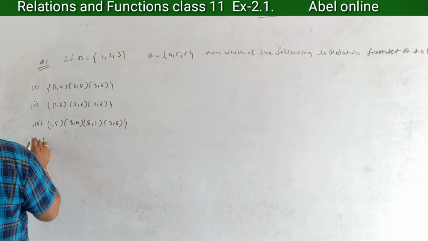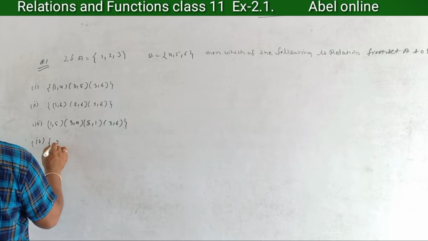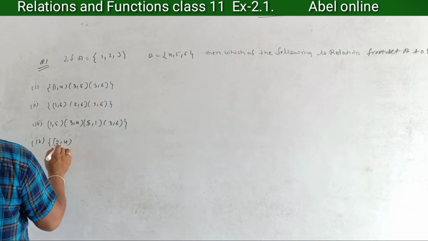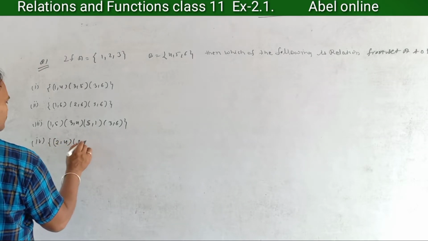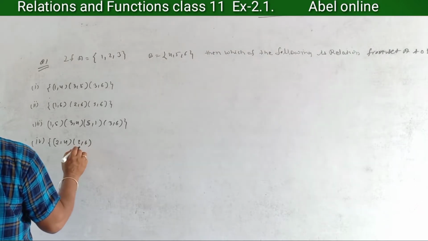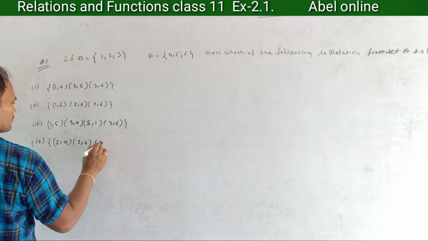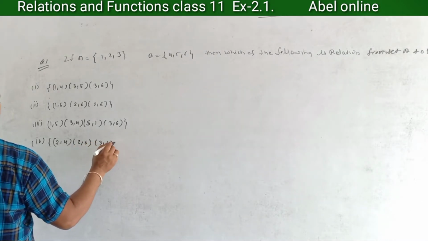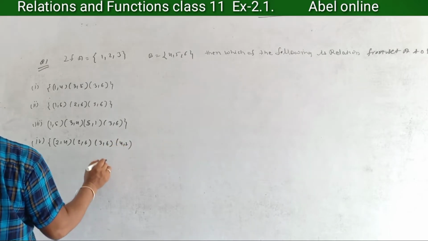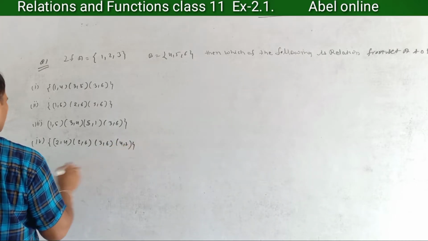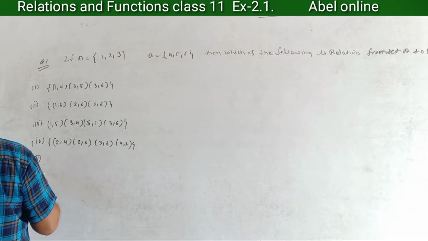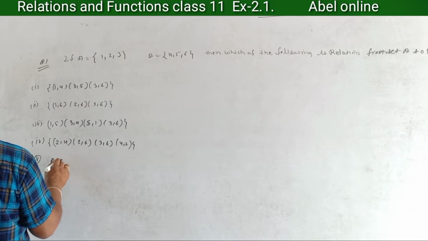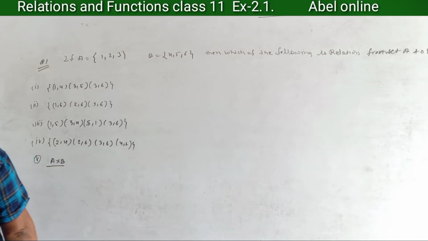Fourth is {(2, 4), (2, 6), (3, 6), (4, 2)}. And fifth is A cross B.